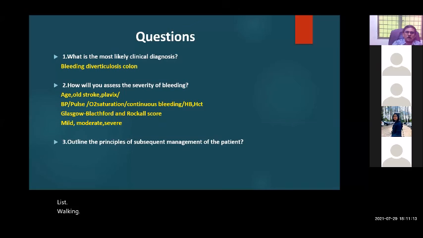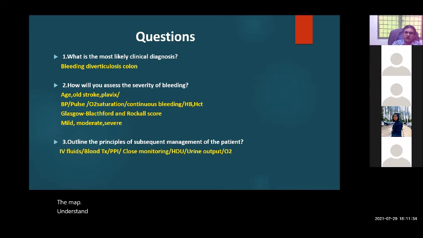Okay, what else do you want to do? Okay, this is the one. I will do blood transfusion, and also most of these patients with bleeding, we cover for stress to prevent stress ulceration.